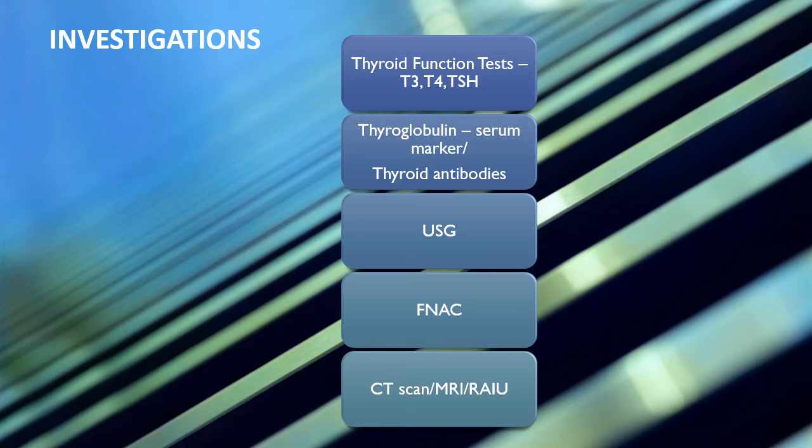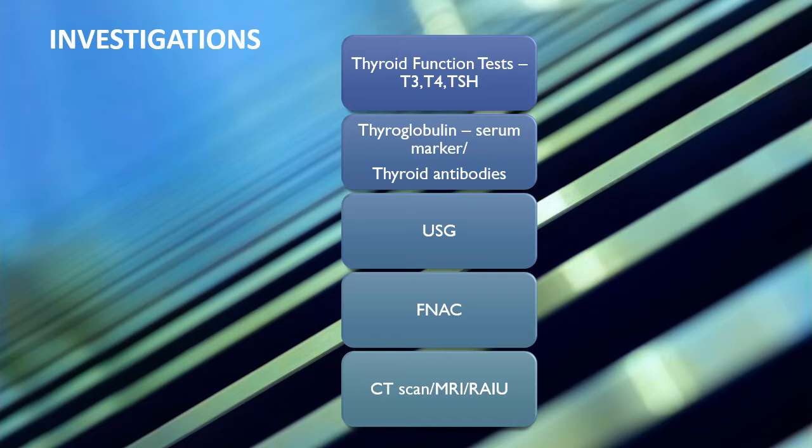Next is the thyroglobulin, which can also be done as a serum marker, especially for follow-ups after surgery. The other thing that can be done in the blood is the thyroid autoantibodies, a serological test to look for thyroid antibodies.